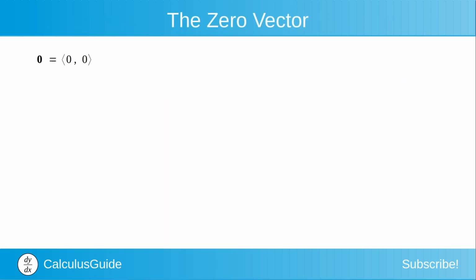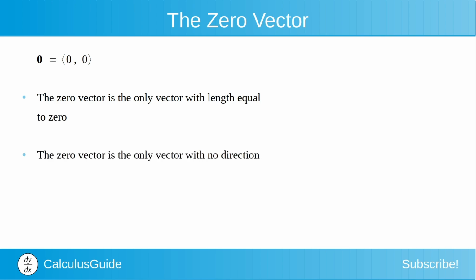The vector 0 equals 0, 0 is the zero vector. It's represented by the number 0 in bold, and its components are equal to 0. The zero vector is the only vector with length equal to 0. And the zero vector is the only vector with no direction.